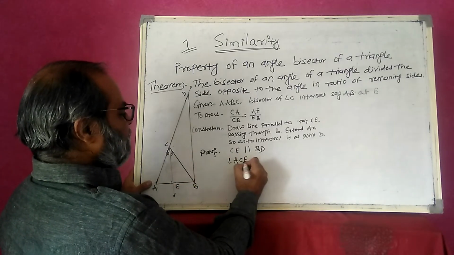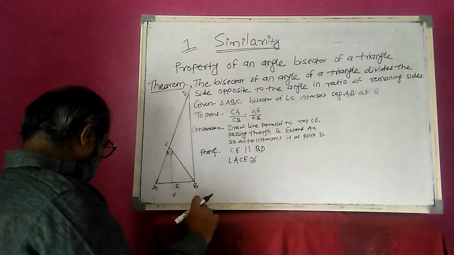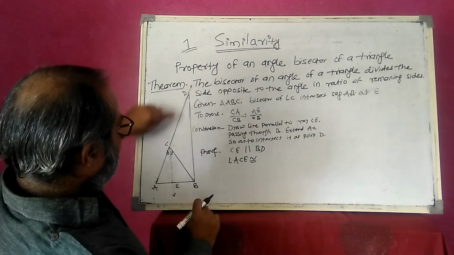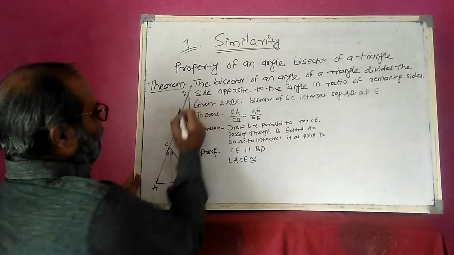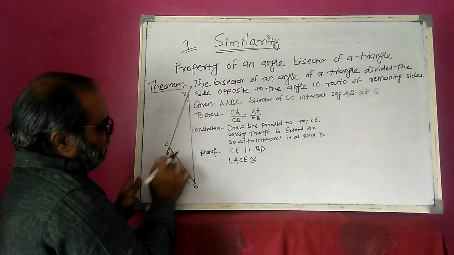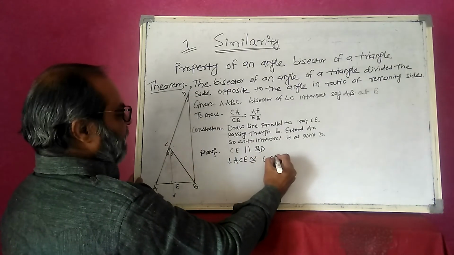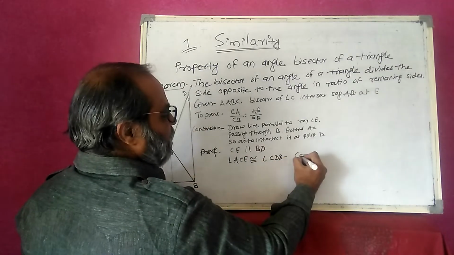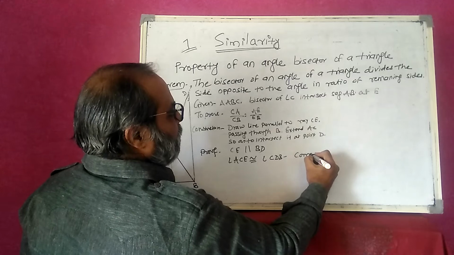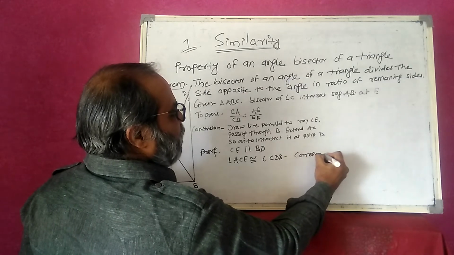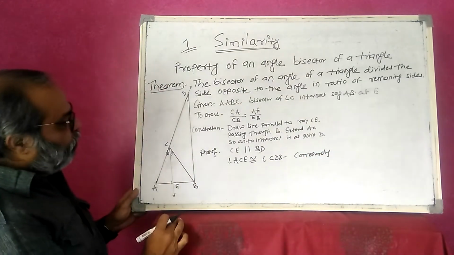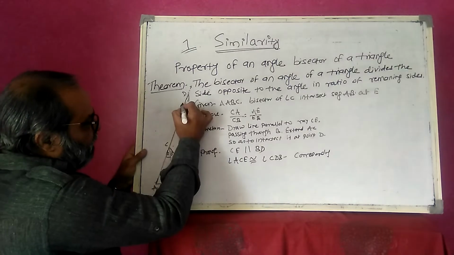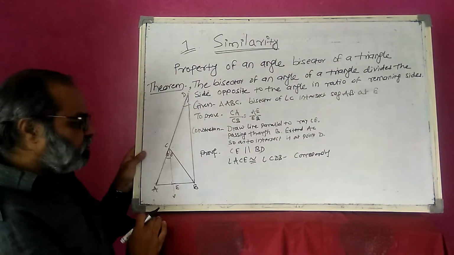Angle ACE is congruent to angle CDB. Look here, this angle and this angle. They are corresponding angles because the lines are parallel. So this angle is congruent to this because they are corresponding angles.